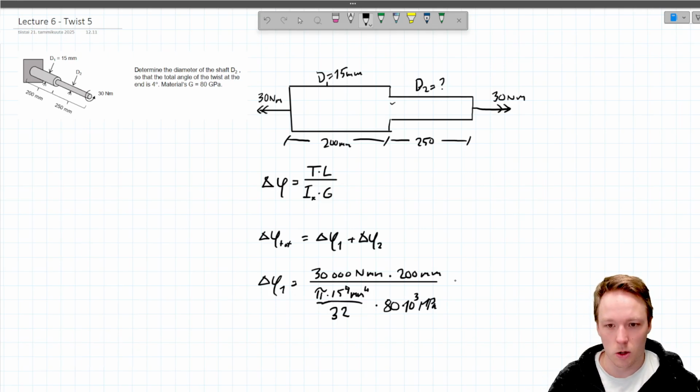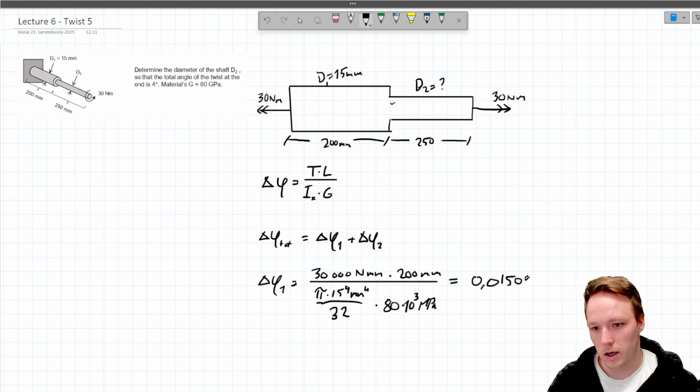Now when we solve this one, the value will be 0.01509, and the unit is radians.